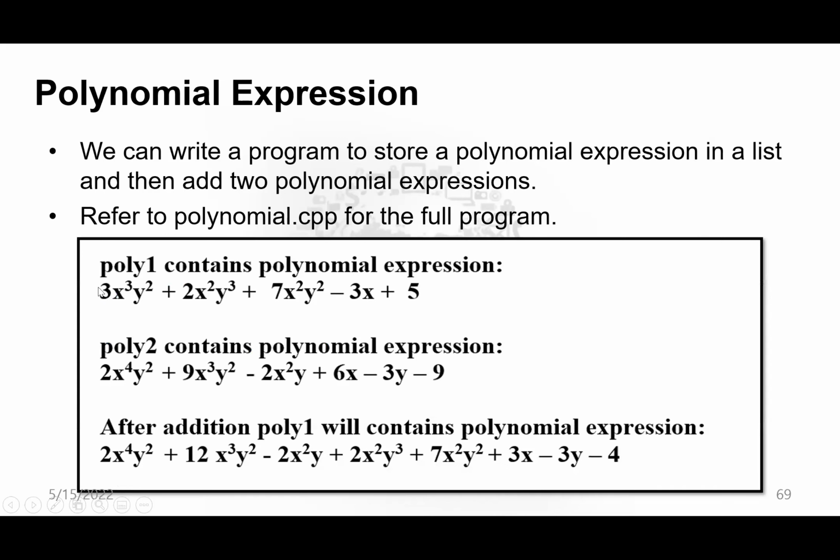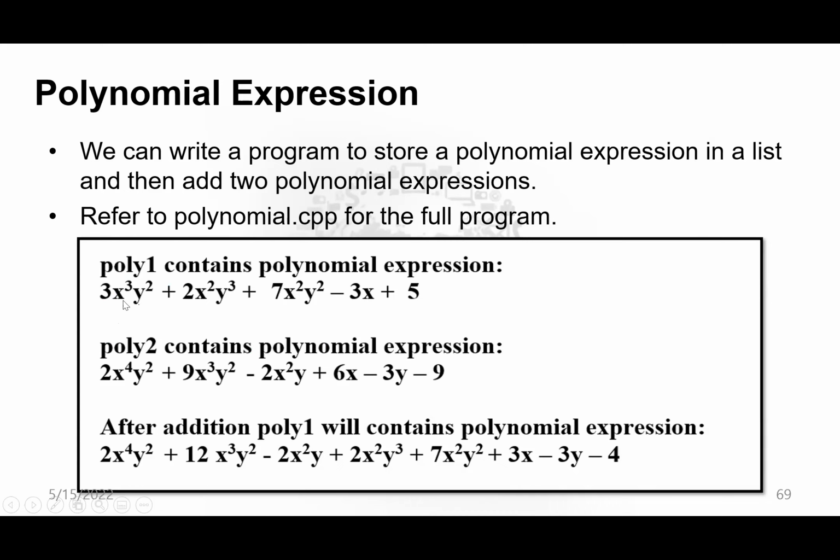For example, let's say the first polynomial expression is poly 1, and the second one is poly 2. After addition, we store the result of the addition inside poly 1. So this is addition.